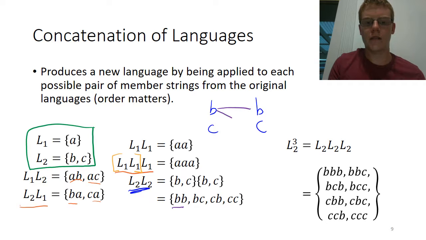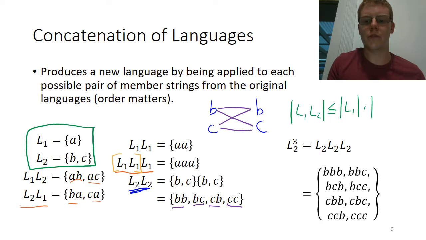We also get B with C. And we get C with B. And we get C with C. So you can see that in general, the number of strings in a language concatenated with another language is going to be equal to, or bounded by, the number of strings in the first language multiplied by the number of strings in the second language.